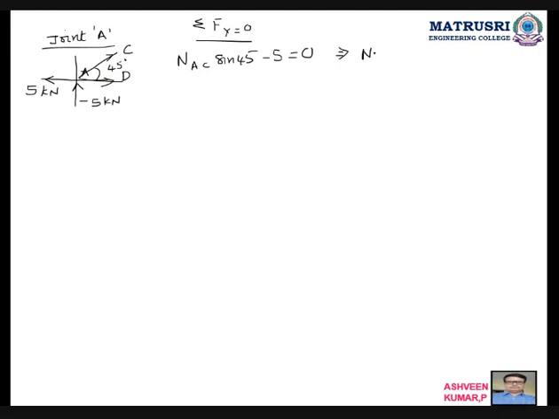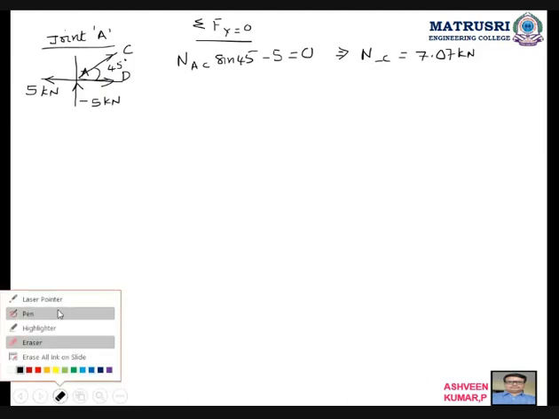We will get NAC is equal to 7.07 kilonewton. So I got all the forces using the method of joints.